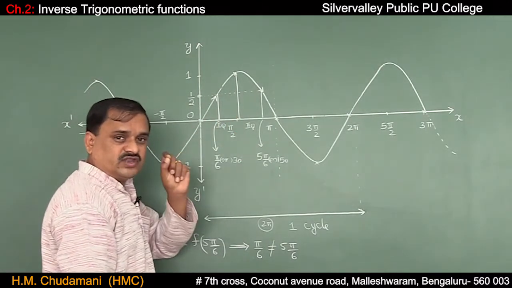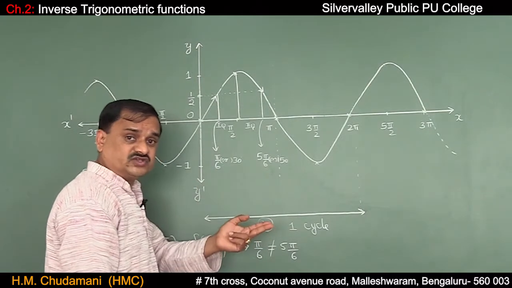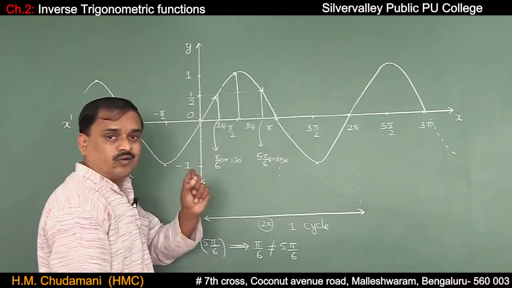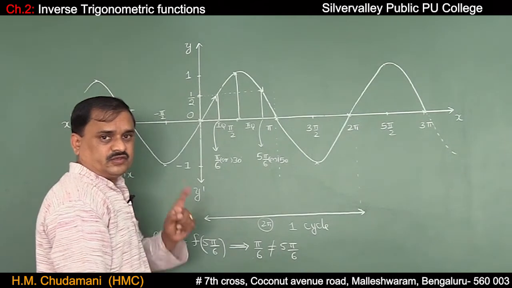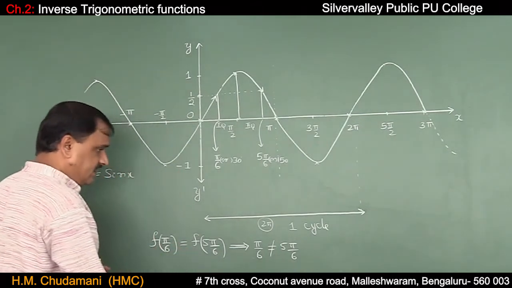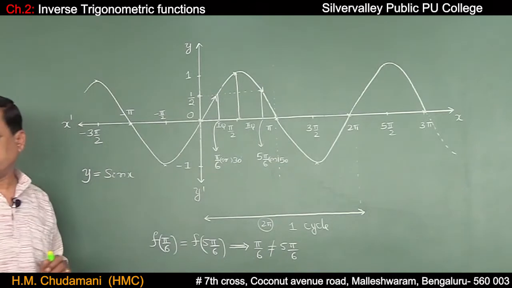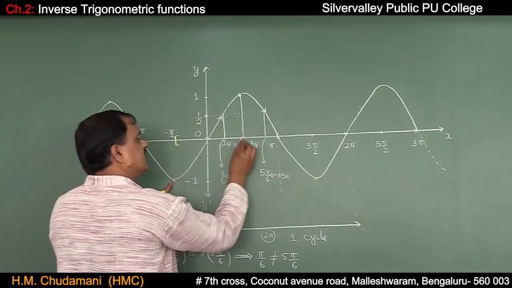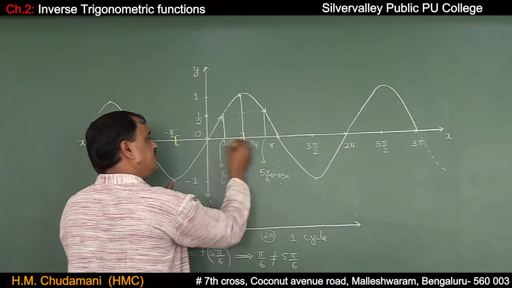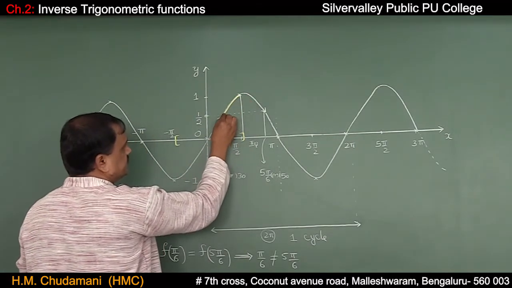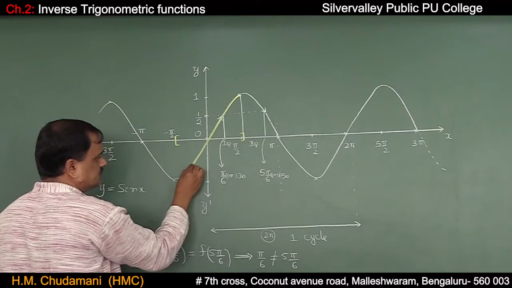So if it is to be a one-one function, we need to take only increasing function or only decreasing function. Only increasing means which interval can we take? Minus pi by 2 to plus pi by 2, if I take. Observe this.